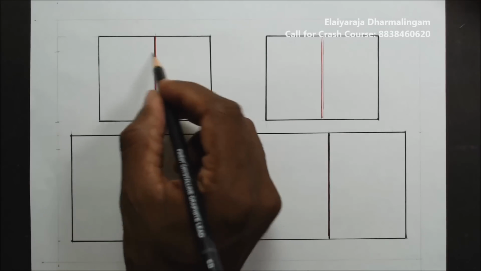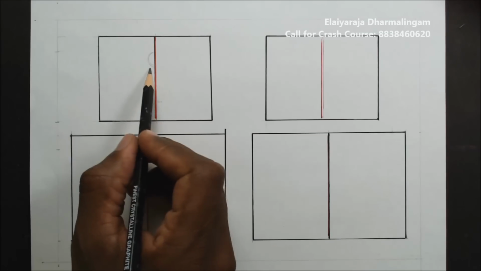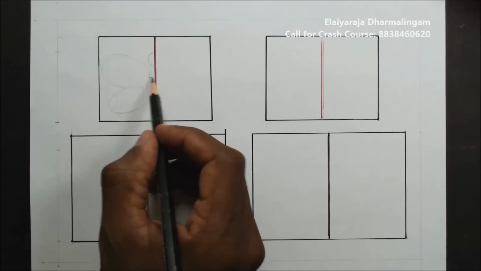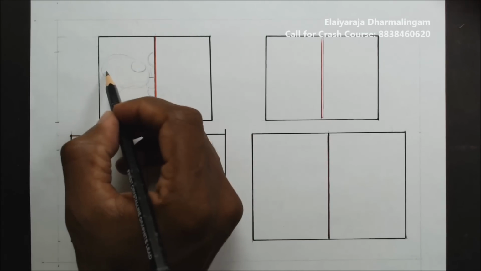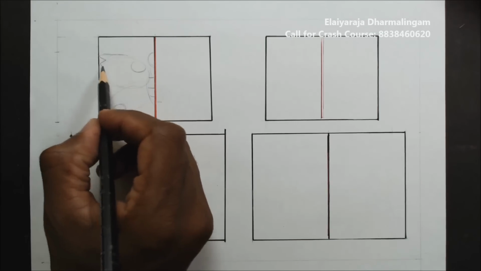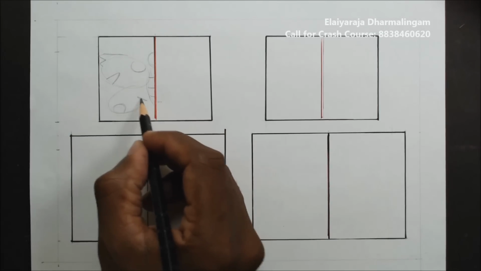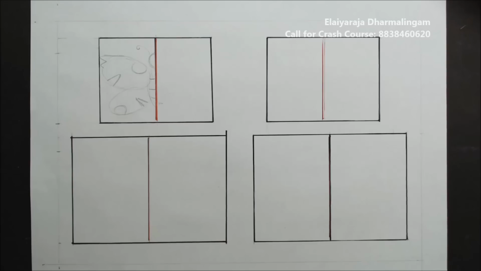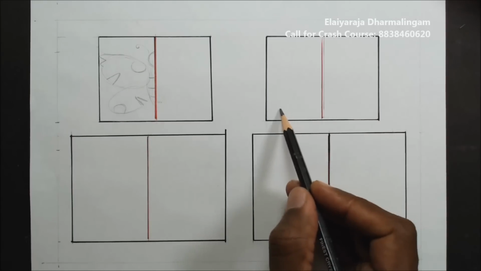Here in the first box I have created a very simple mirror image drawing. In this kind of question, one part of the drawing will be given and candidates answer the other part of the image.